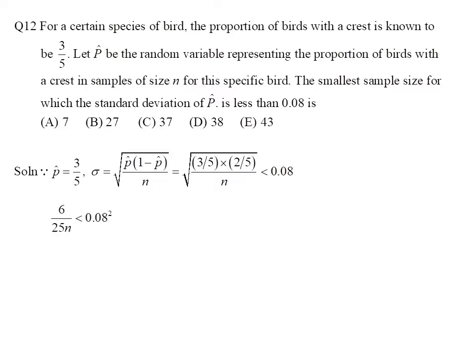After both sides of the inequality are squared and rearranged, the simplified form is 6 over the product of 25 and n is less than 0.08 squared. Hence, n is greater than 6 over the product of 25 and 0.08 squared, which equals 38. So the answer for question 12 is D.